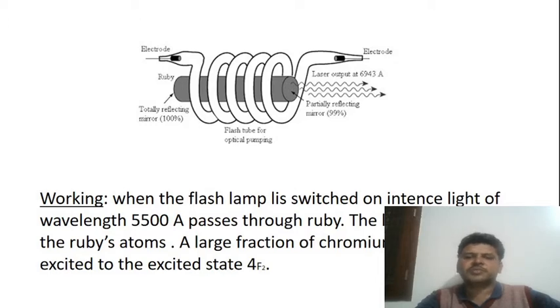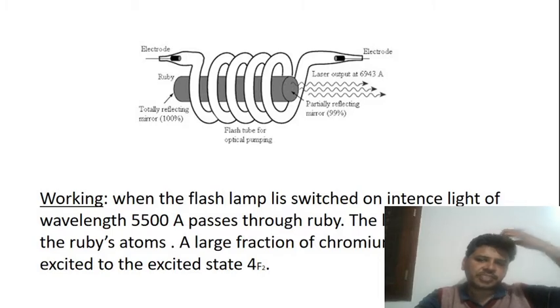It also absorbs the photons. So these two undergo induced absorption. The lighter particle is chromium oxide, where heavy absorption takes place. It is excited from the ground state to the excited states.